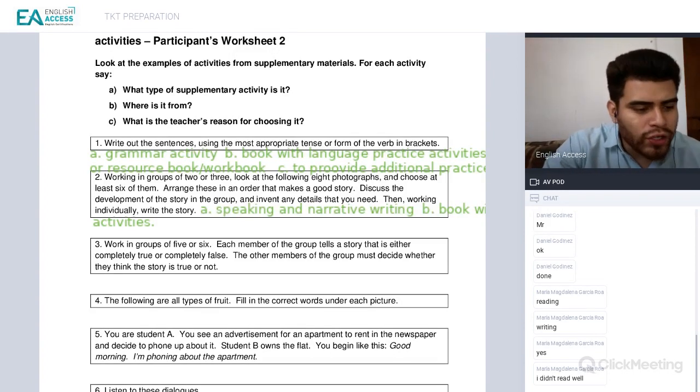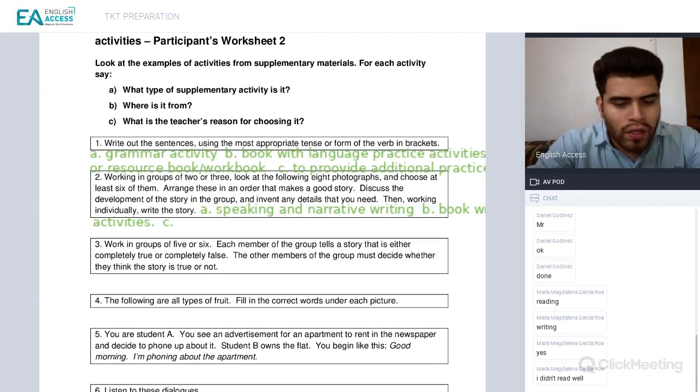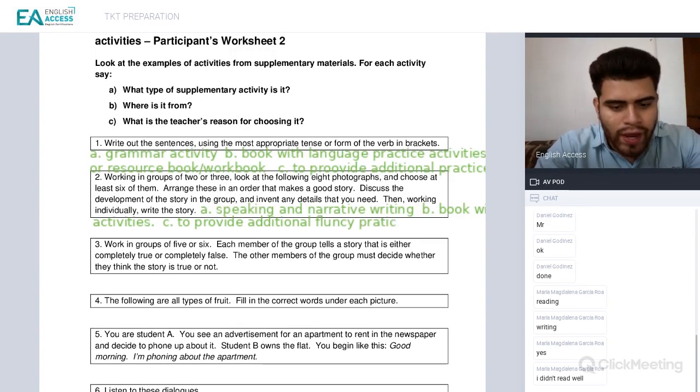And the teacher will probably use this to provide additional fluency practice and narrative writing practice.